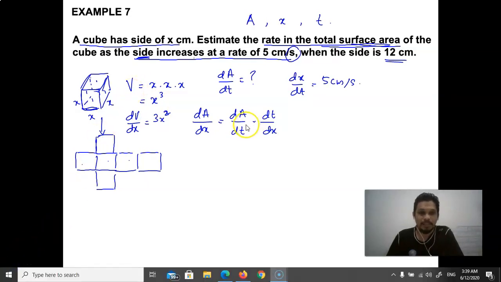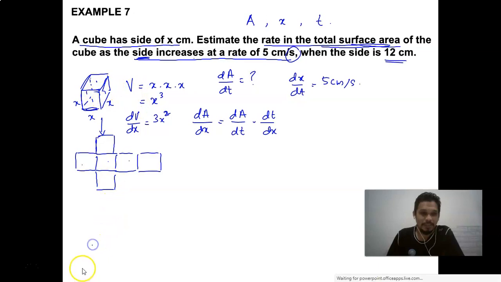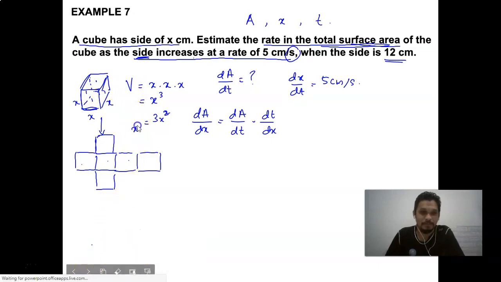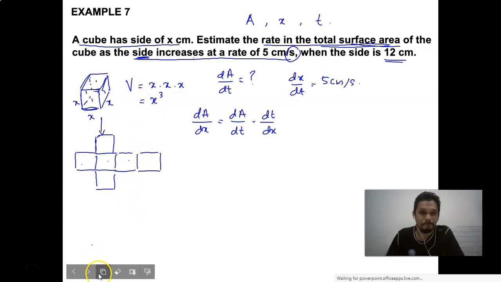Okay, now class, I didn't realize that we're talking about the surface area, but then I finally recalled V, the volume of this cube. So I made a mistake, I make a correction here. We have got nothing to do with the V or volume for this case.